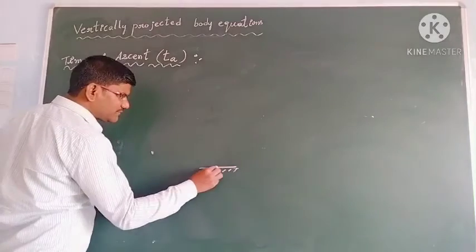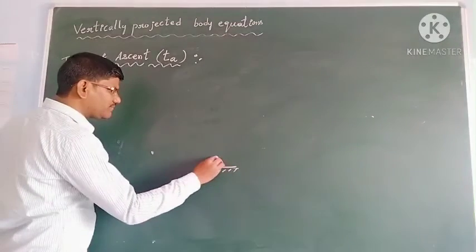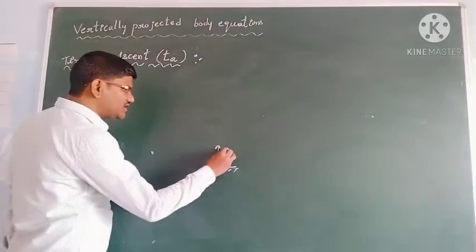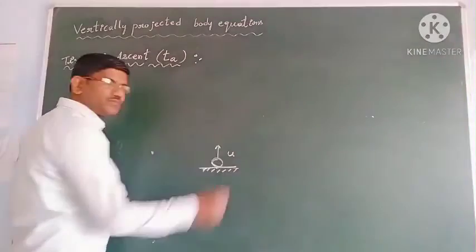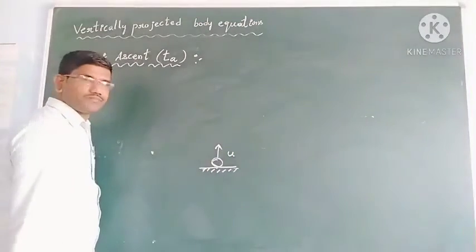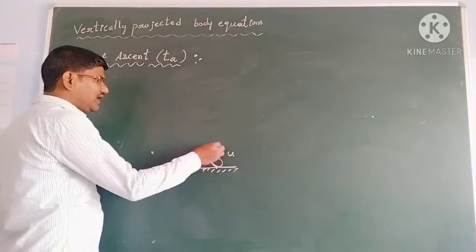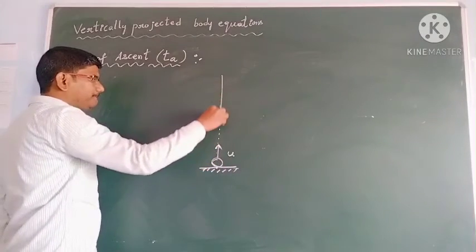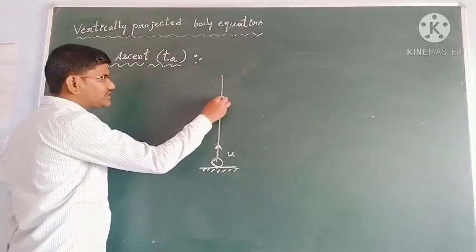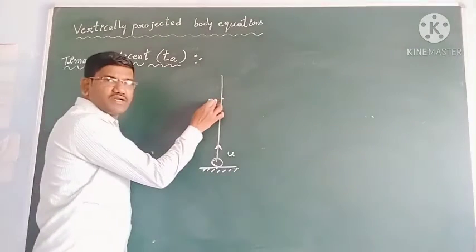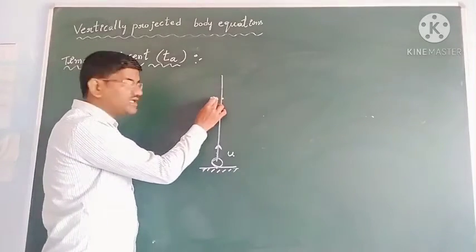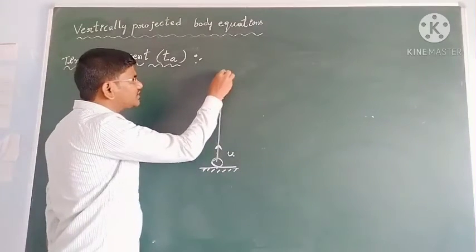From this point an object is thrown with an initial velocity u, and we know that as it is going upward, its velocity decreases. For example, after reaching here, its velocity is some v, it has decreased, and here its velocity is 0.